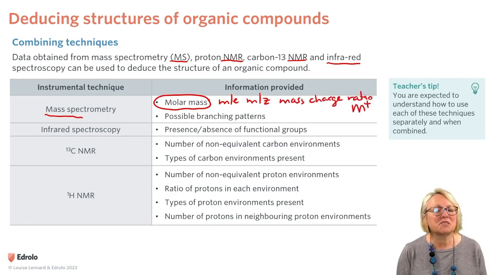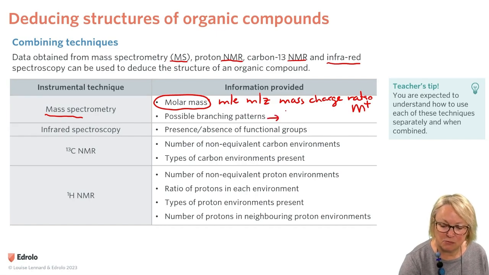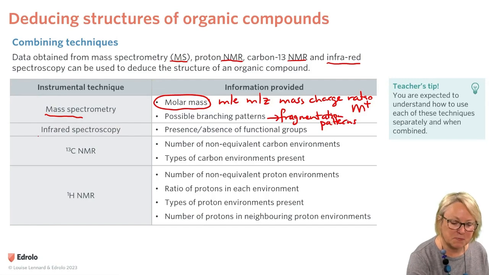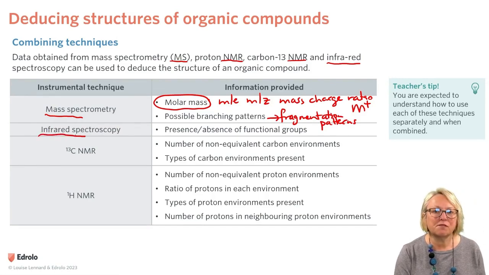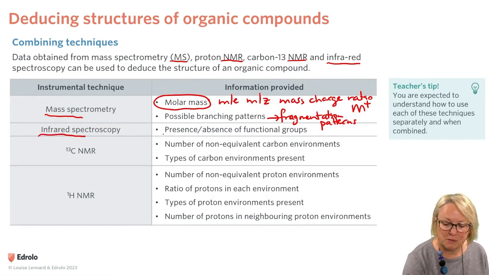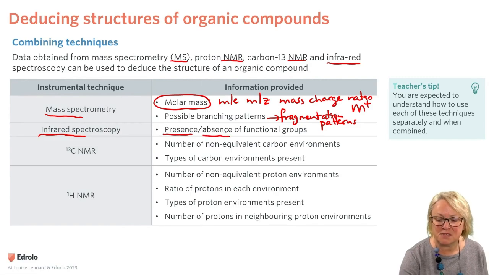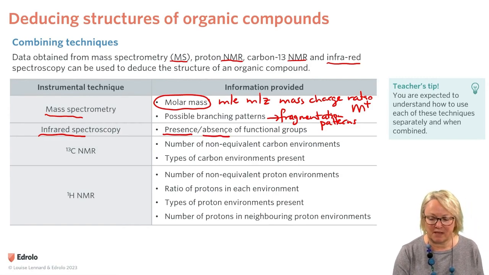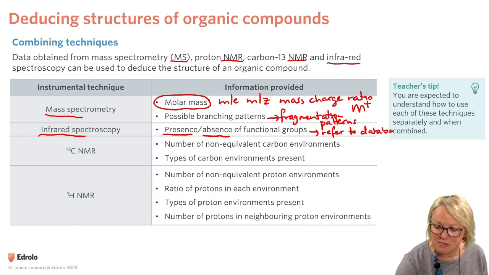And we can look at possible branching patterns, which is looking at the fragments. From infrared spectroscopy, this is useful for the presence or the absence of functional groups at a particular wave number. And that requires looking at the data book for the wave number.